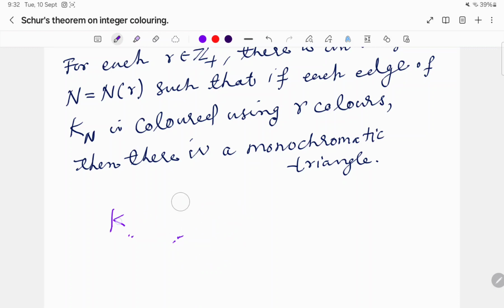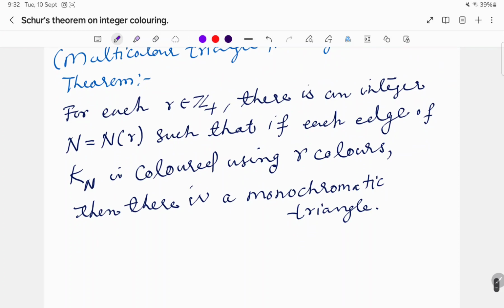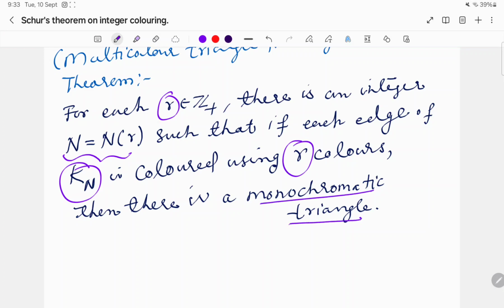Okay, so just recall. What Ramsey theorem tells you is that for each positive integer r, there is an integer n which depends upon r, such that if each edge of Kn is colored using r colors, then there is a monochromatic triangle. So in the previous case the r was 2 because I was coloring K6, right?